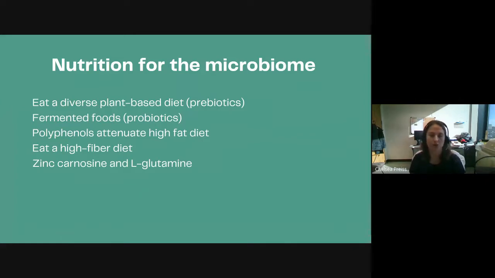And then probiotics are live microorganisms that help digest food and prevent pathogenic bacteria from taking hold. Sauerkraut, kefir, yogurt, kombucha, sourdough bread, these are all great sources.